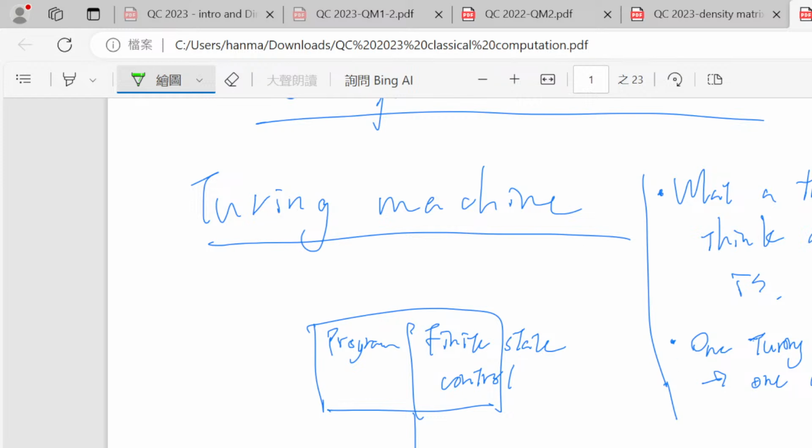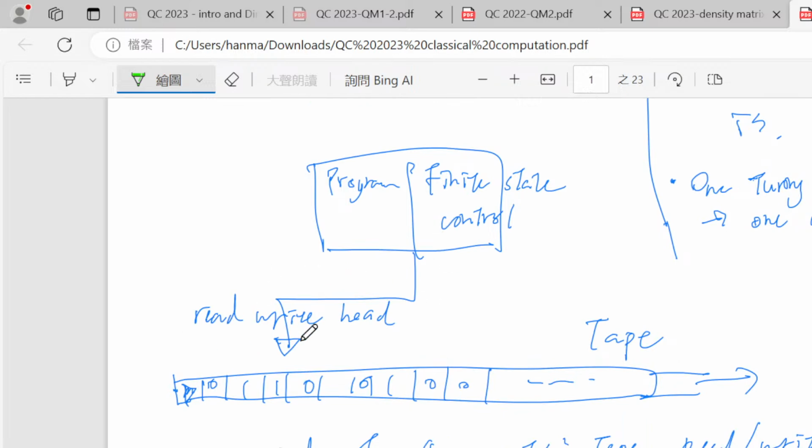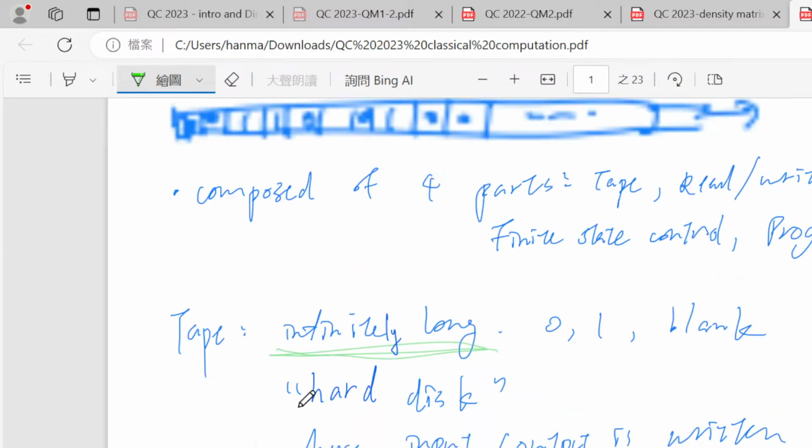For now, we can think of one Turing machine as a program or algorithm that wants to solve a problem. It has these components: a program with a finite state control, and a read-write head that can read from the tape.